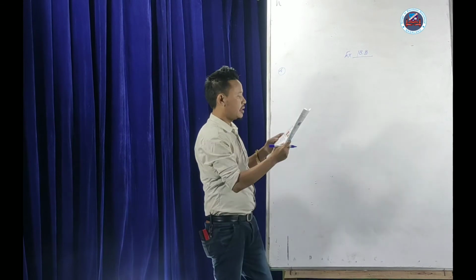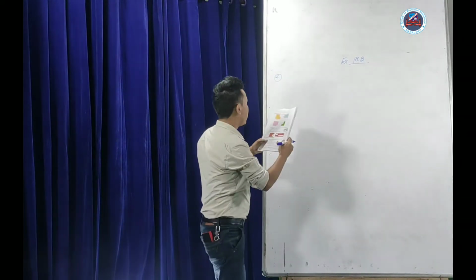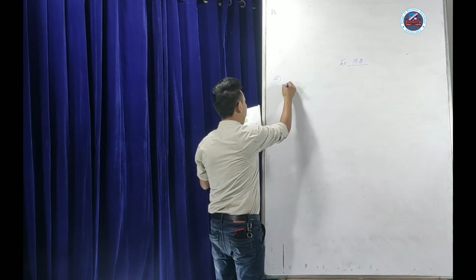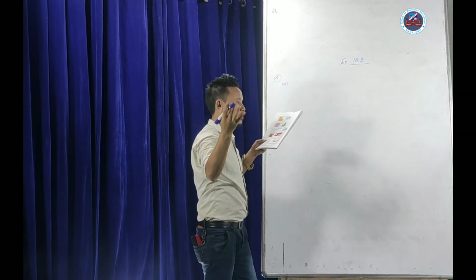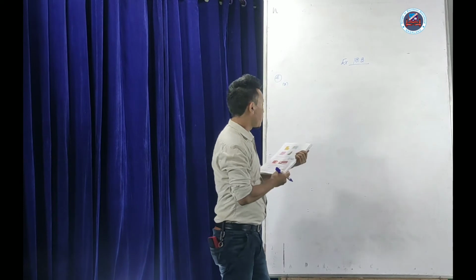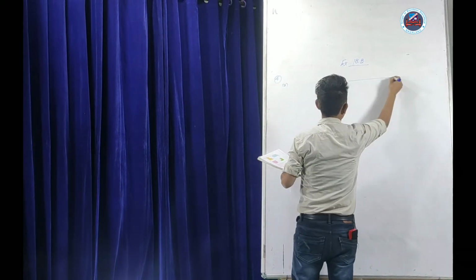Question number 4 says, work out the area of the red section in each of these diagrams. This becomes easier since we have done question number 3. It's the same as question number 3. From question number 4, I will do number 1, and then number B will be your homework. So, let me draw the figure for you.